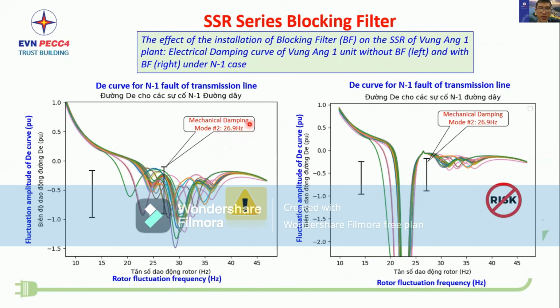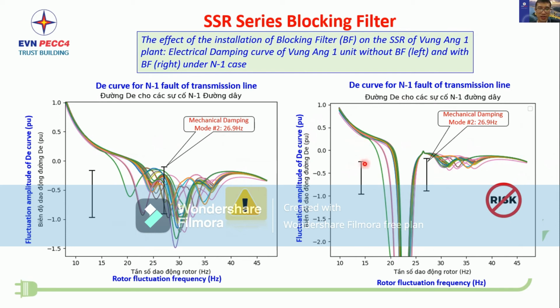So when we use the series blocking filter, you can see on the left hand chart, this indicates the case where we don't use the filter. And on the right hand chart, in this case, we install the blocking filter.